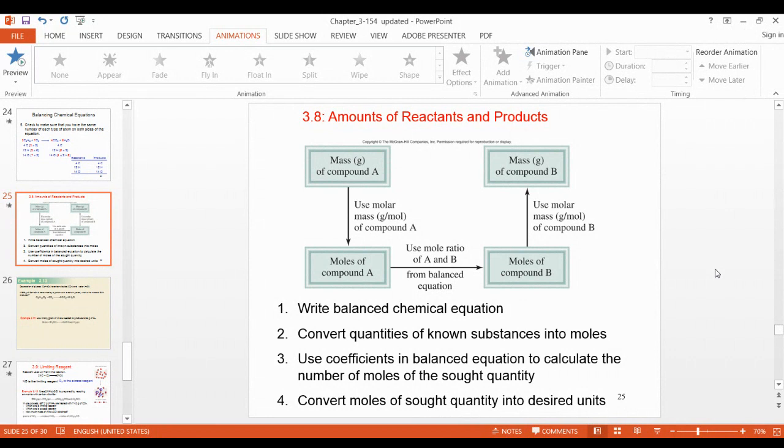Number 1: write the balanced chemical equation for this. Now, what does this chart mean? A is one reactant. You have the mass of A, and this mass changes to moles of A. Now this part is very important.